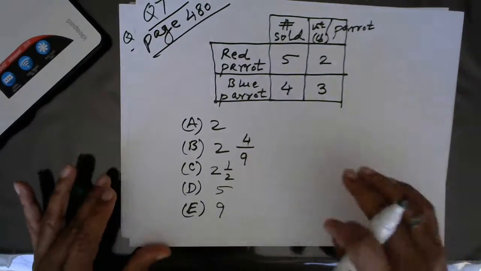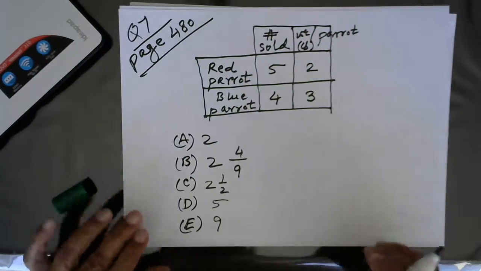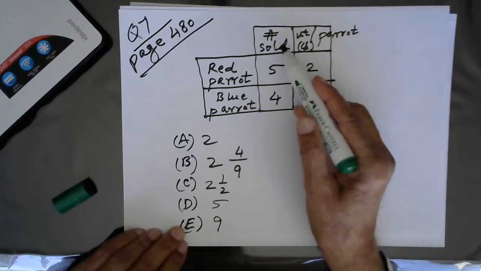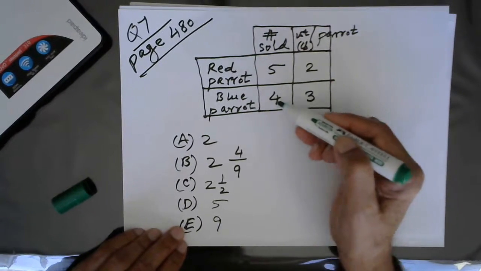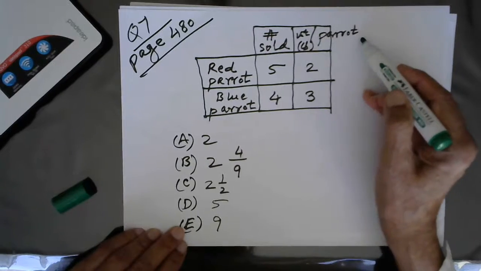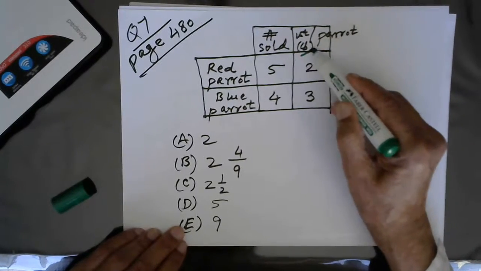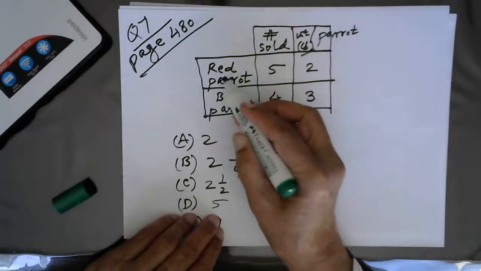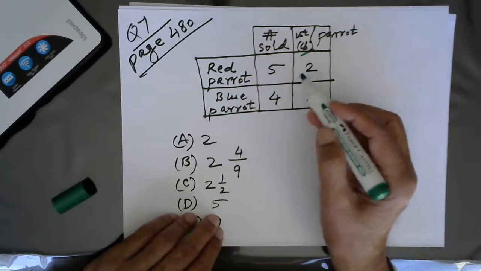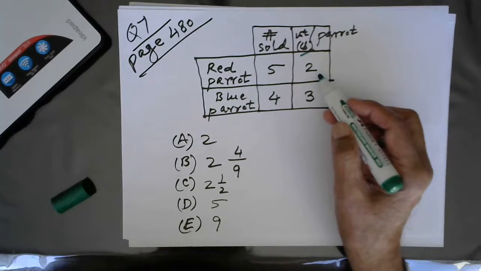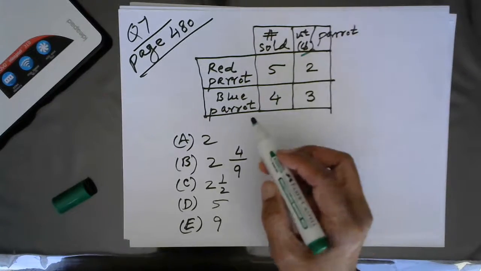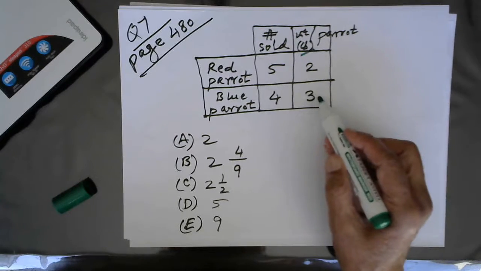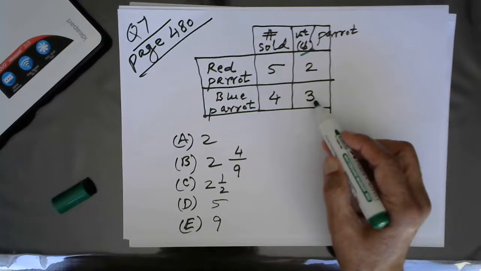A table is given where the color of parrots, the number of parrots sold, and the weight in pounds of parrots are given. So there are 5 red parrots and each parrot weighs 2 pounds. And there are 4 blue parrots and each parrot weighs 3 pounds.